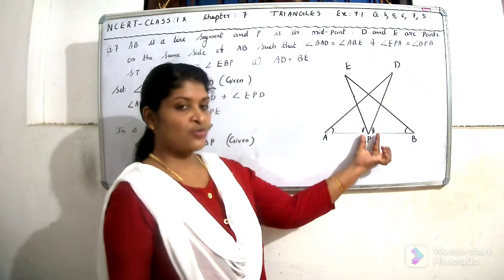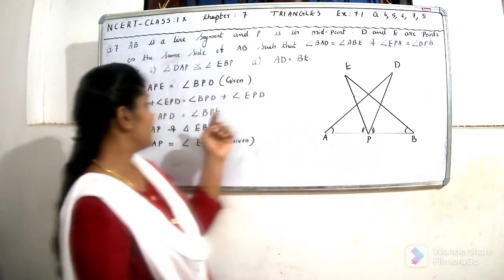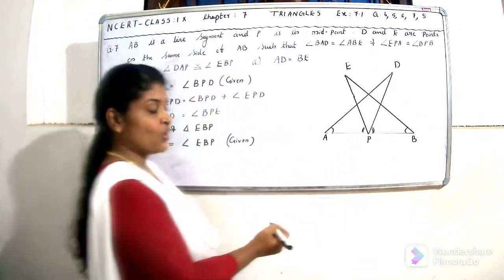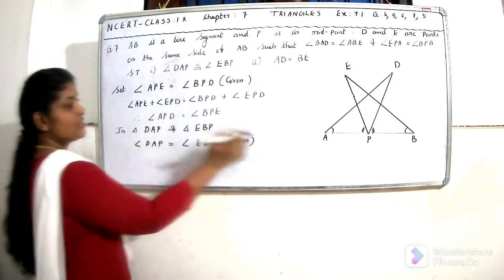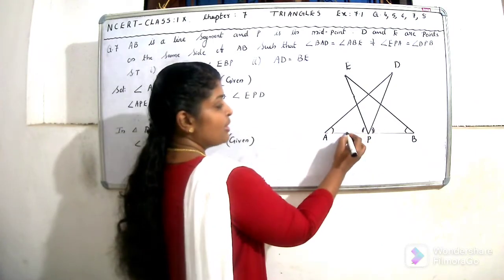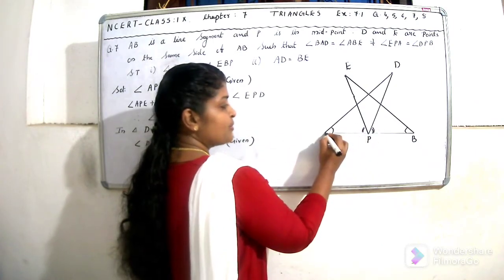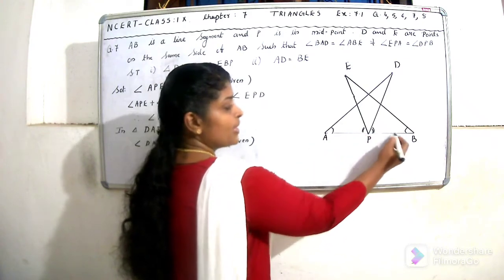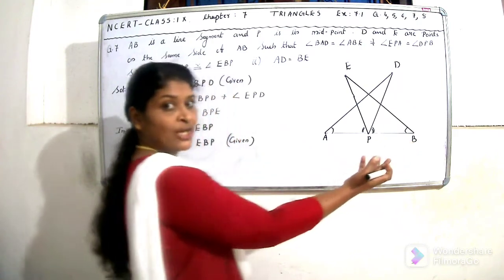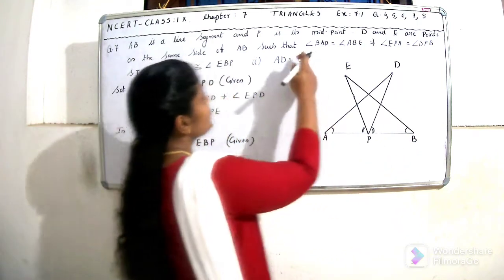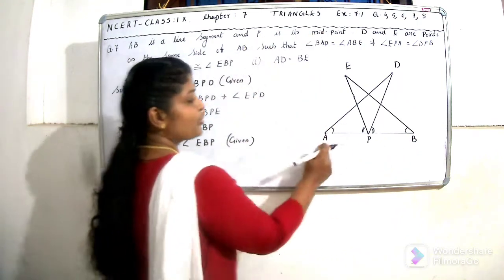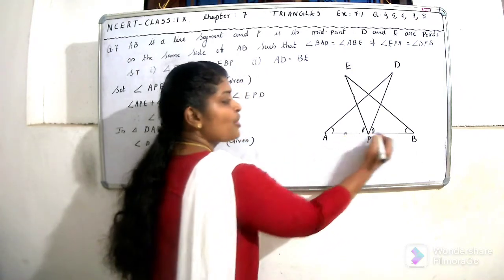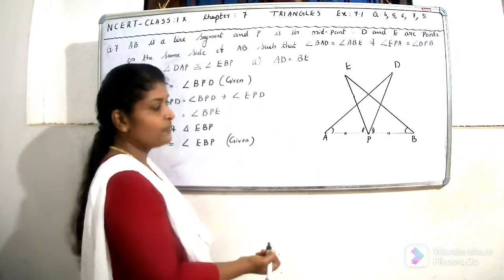Now next, these two angles only they gave, but we proved here that the complete angles are equal. So that is the second thing. In between these two line segments, the distance from A to P and P to B are both equal. What is the reason? Because in the question they gave P is the midpoint of AB. If this point is the midpoint, these two lengths are equal.